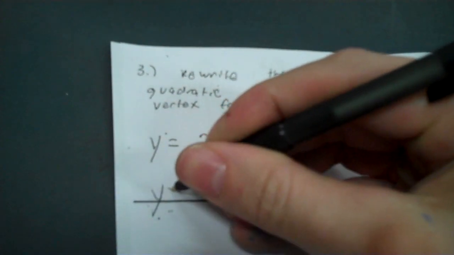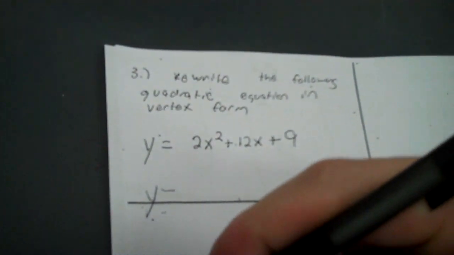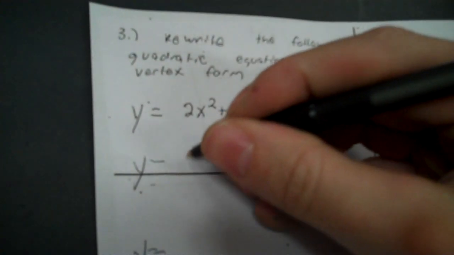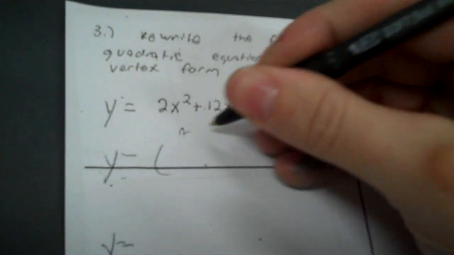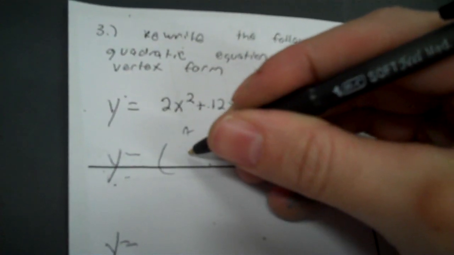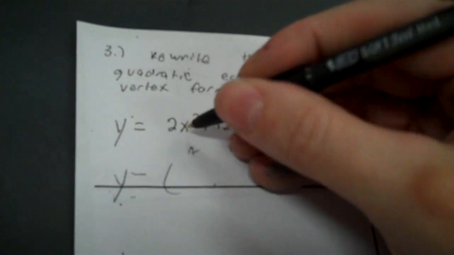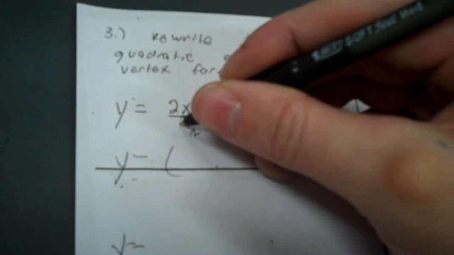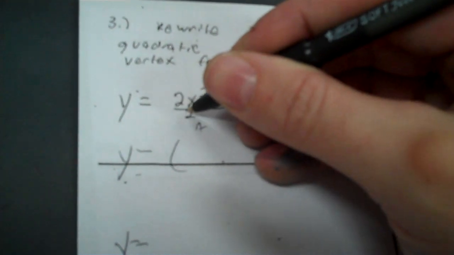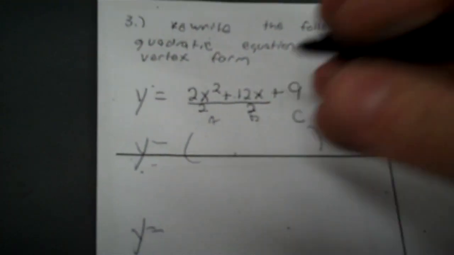Okay, number 3. Rewrite the following quadratic equation in vertex form. Okay, so first we make a parentheses, kick out the plus 9, ABC, but my A has to be a 1. The only way that happens is if you divide by 2, but you have to divide both of these by 2, not leave the 1 at this a 2 and leave that as a 12, okay?